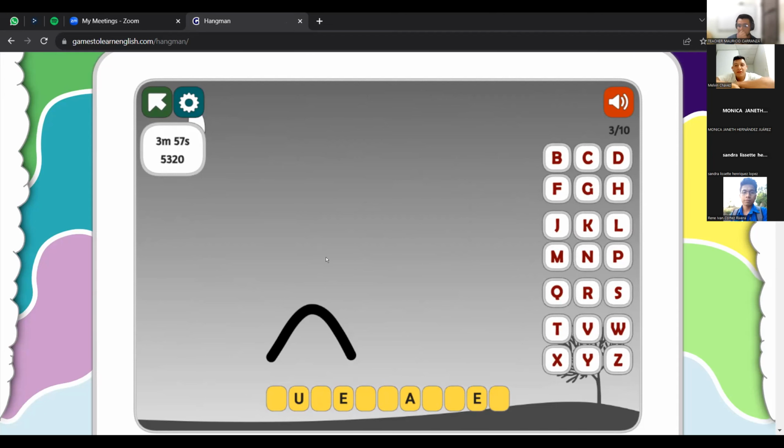Okay, 4 vowels. Let's try with another letter. R, yes, there are two R's.